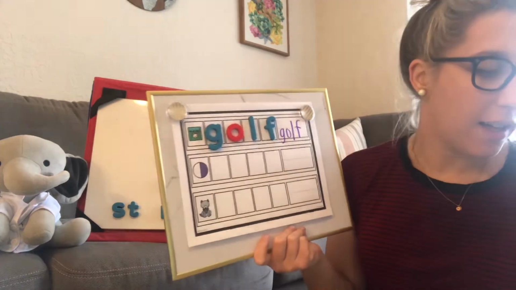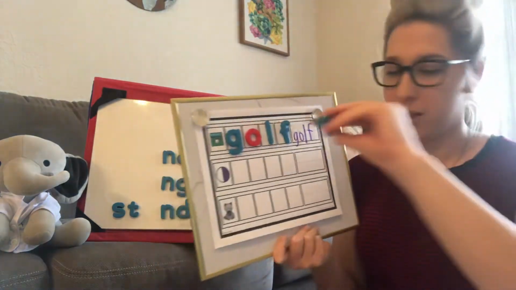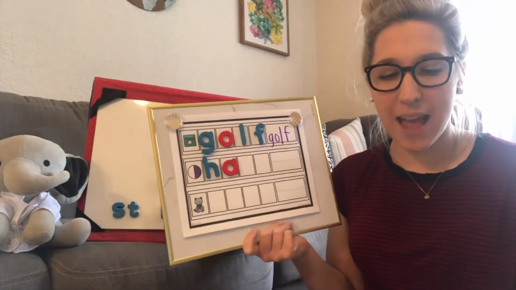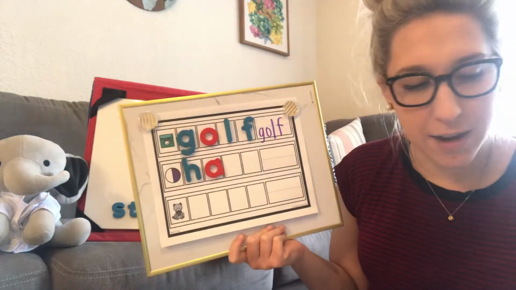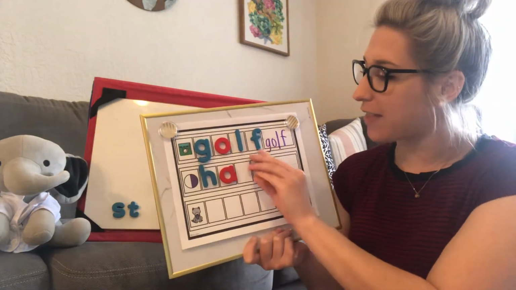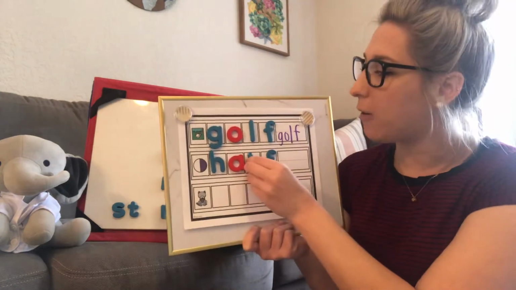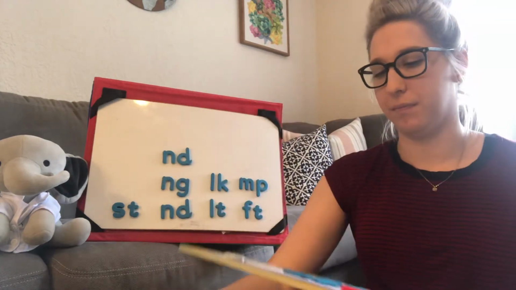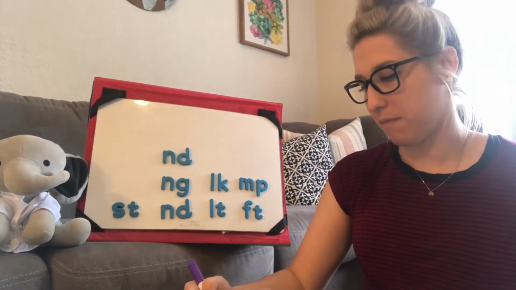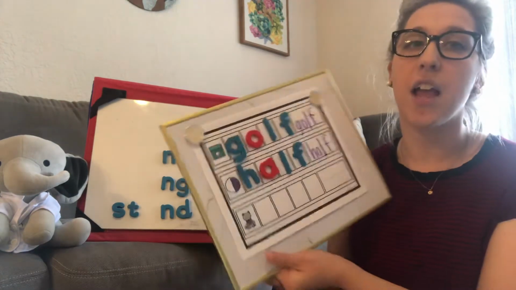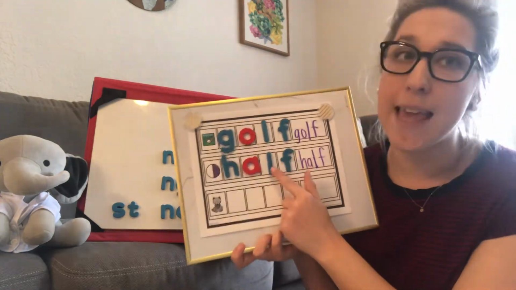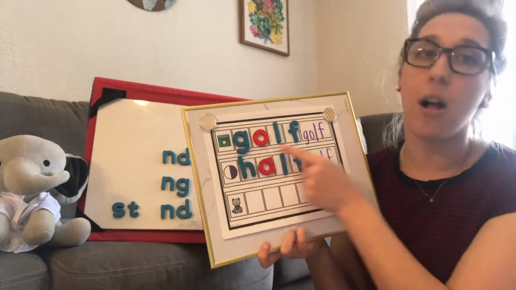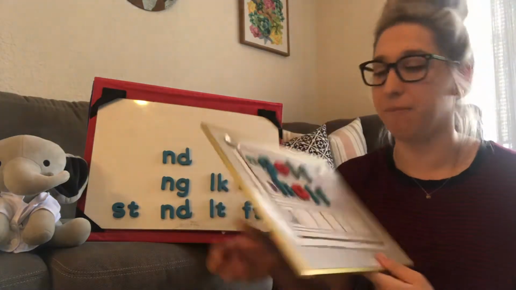What's the first sound? Very good. A. Again, we hear that strong f sound at the end, but we really want to listen for that silent L right there. Half. Very good. This L could be really tricky because the L sound can be silent, but half, half, golf, golf. Very good.